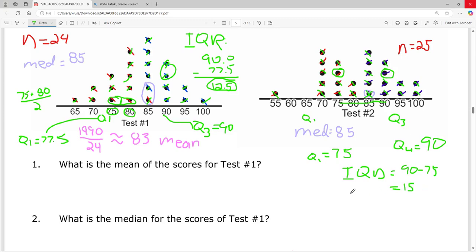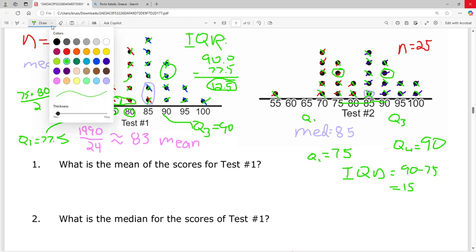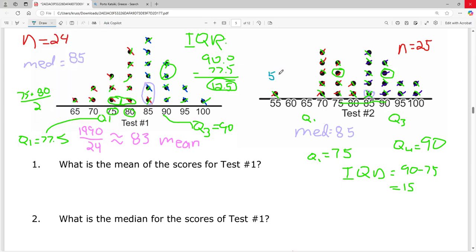Now how about the mean? I'll show you how we added this up before. We'll do the mean in this color. 55 times 1 is 55. 70 times 5 is 350.